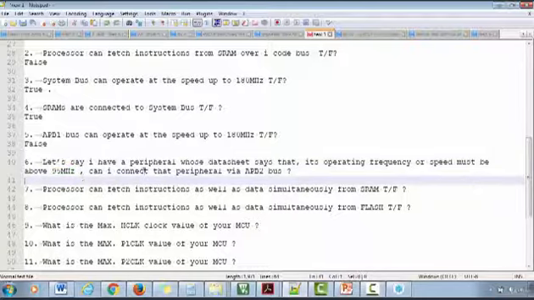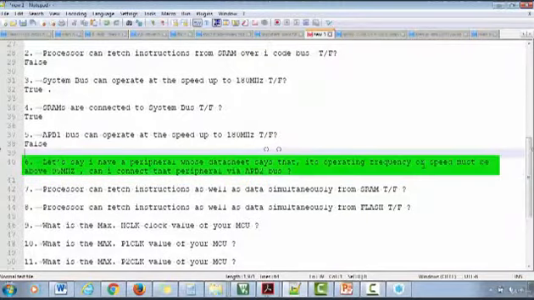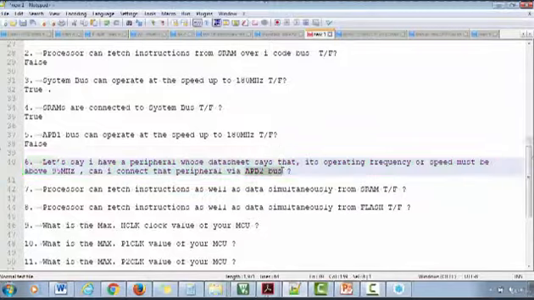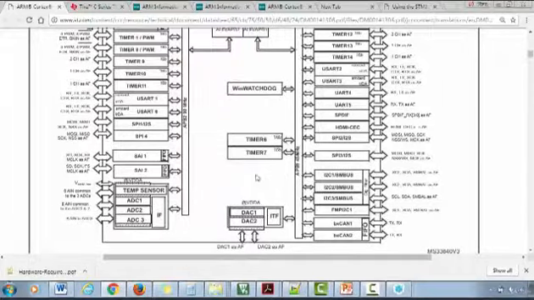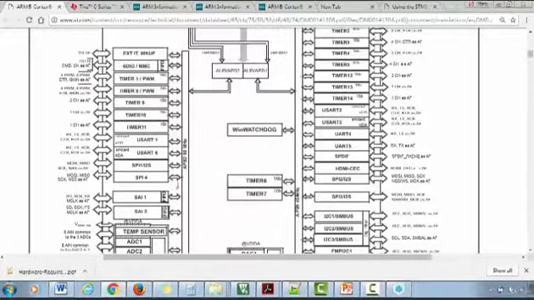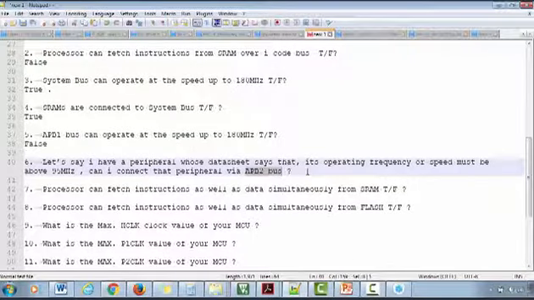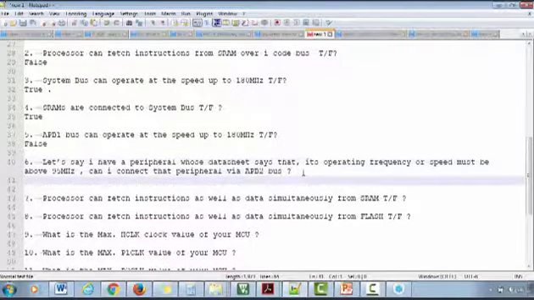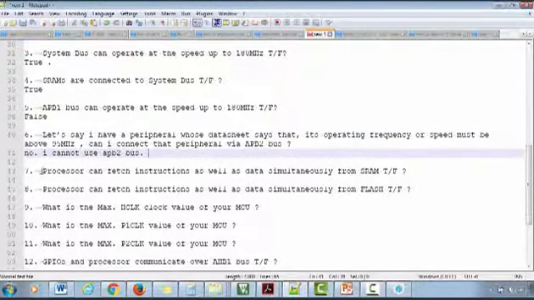Then can you connect that peripheral to the processor via an APB2 bus? What is the maximum operating frequency of APB2? It is 90 megahertz, right? So then it's not possible. You cannot connect it.